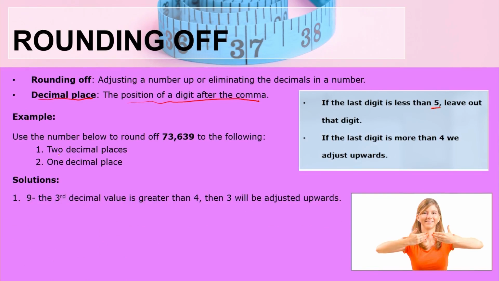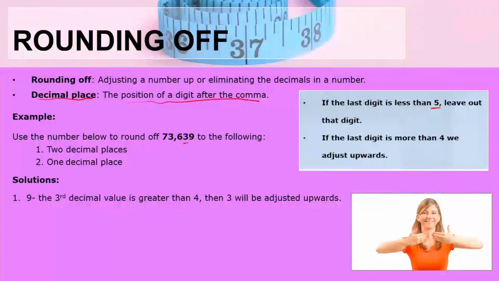Because we say round off to 2 decimal places, it means we need 2 numbers after a comma. So you have to check the second value after a comma. This is what needs to be rounded up or rounded down.